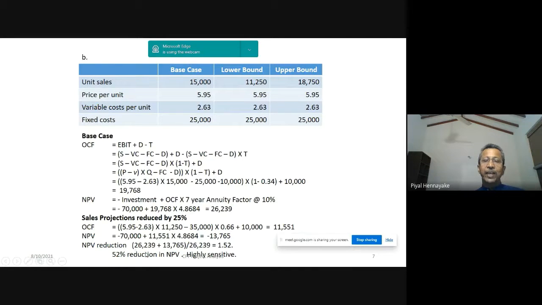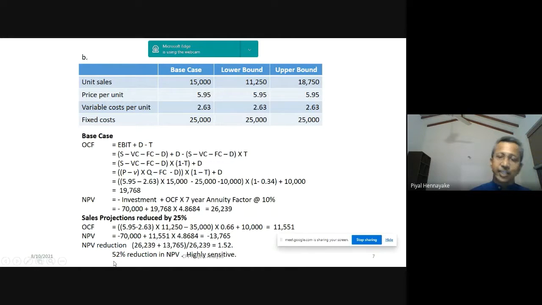So NPV reduced from 26,239 to minus 13,765. So we get 26,239 plus 13,765 divided by 26,239, which is 1.52. That means when sales projections are reduced by 25%, NPV is reduced by 152%.